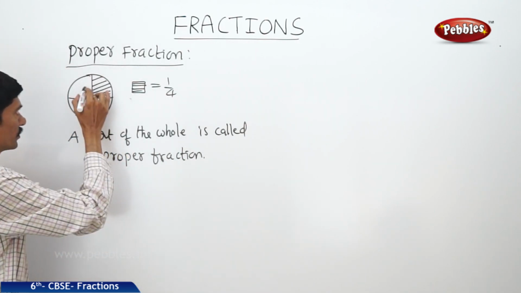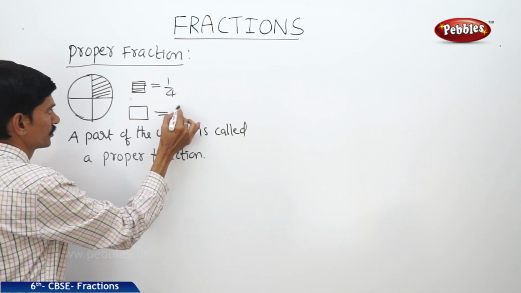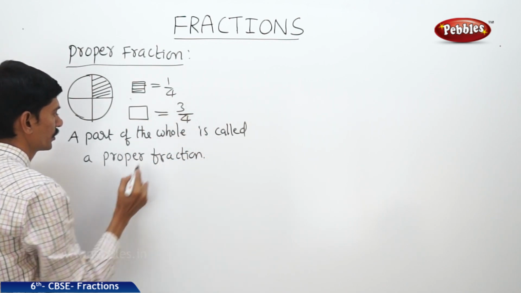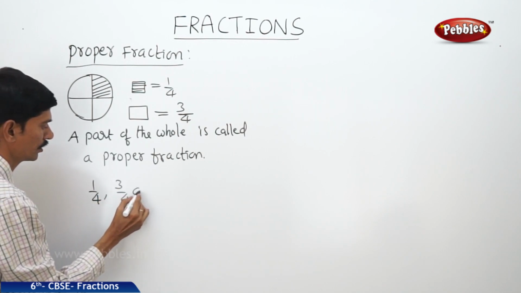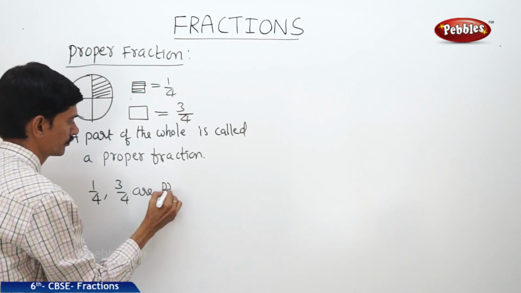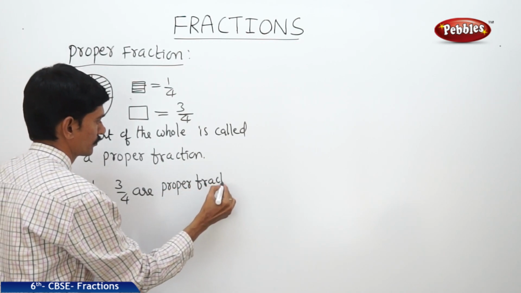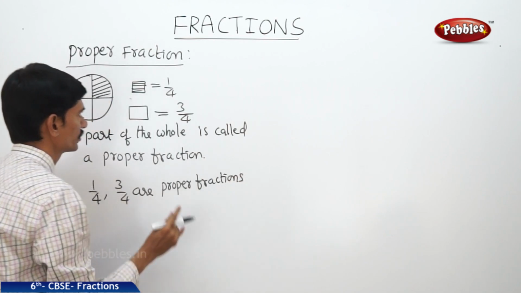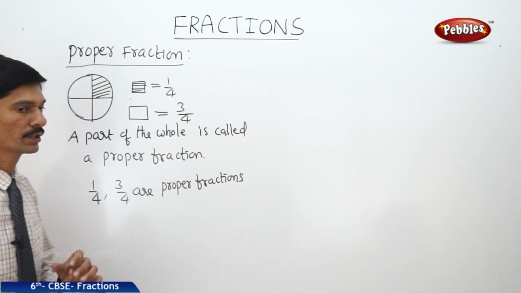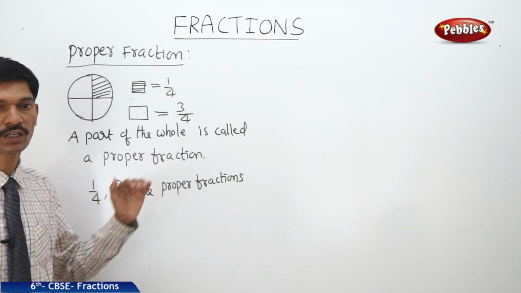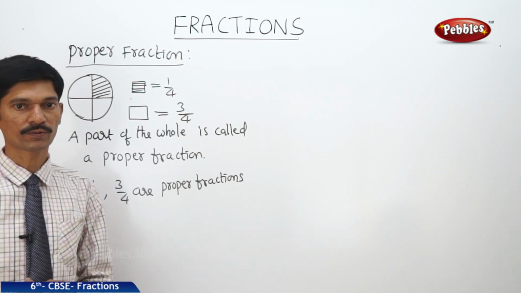And here the unshaded portion represents 3 by 4. So here 1 by 4 and 3 by 4 are proper fractions, because either 1 by 4 or 3 by 4 represents a part of the whole circle. So these two portions are called proper fractions.